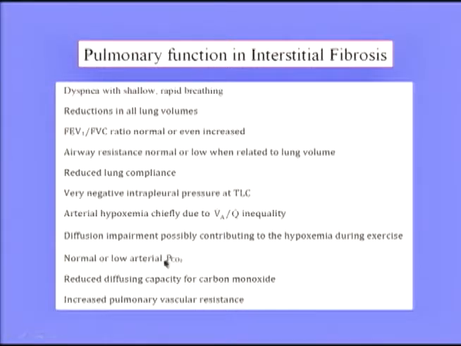There's a normal or low arterial PCO2, possibly in part because of stimulation of the J receptors. The reduced diffusing capacity for carbon monoxide is very important, an important diagnostic point, and there's an increased pulmonary vascular resistance because the capillaries are destroyed by the emphysematous process.